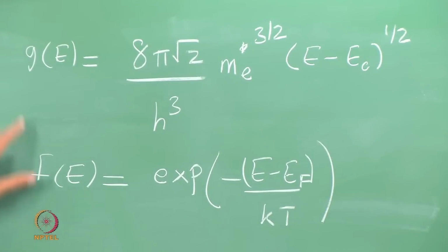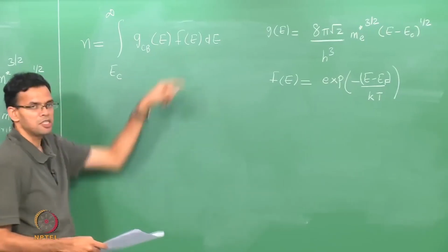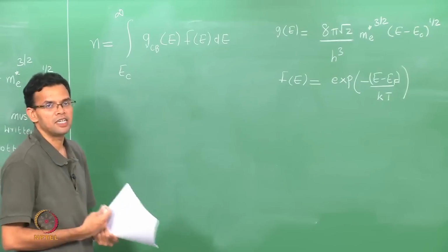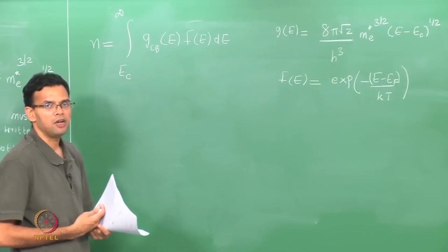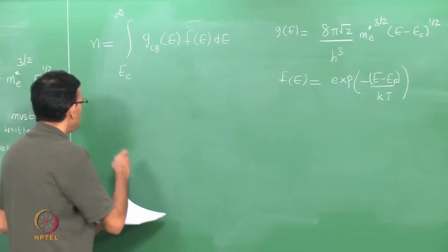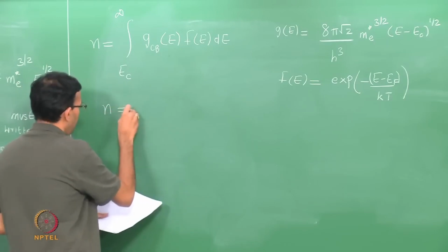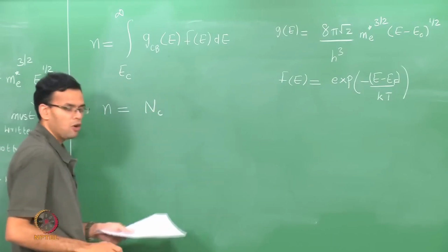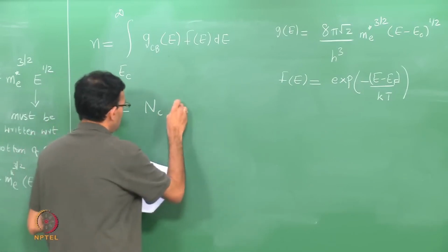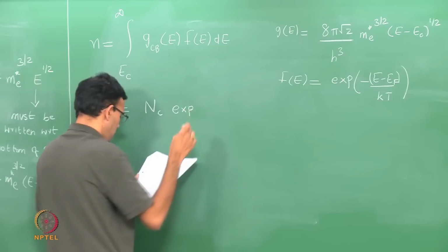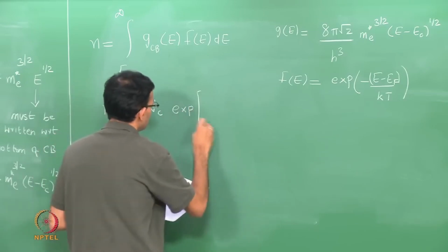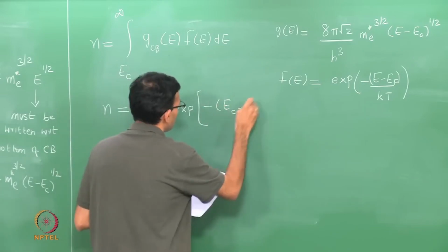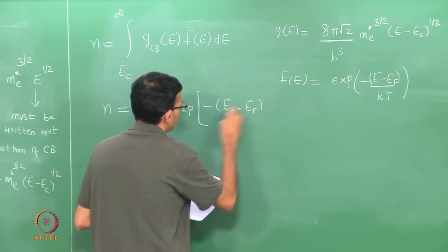We can substitute these two in this expression and do the integration. I will not show the integration explicitly, but write down the final result. When we do this, we get n is equal to Nc, which is a constant at a given temperature, times exponential of minus (Ec minus Ef) over kT.